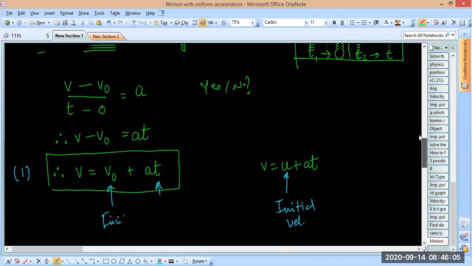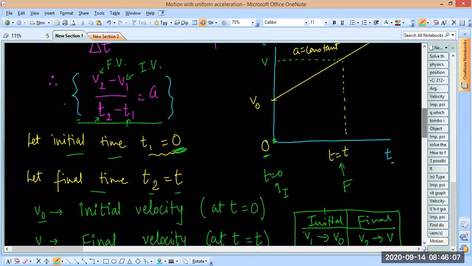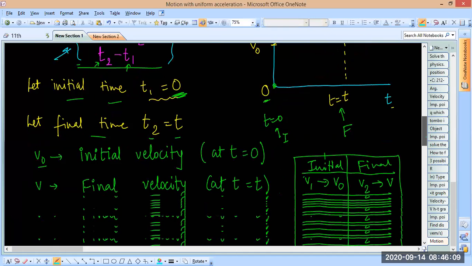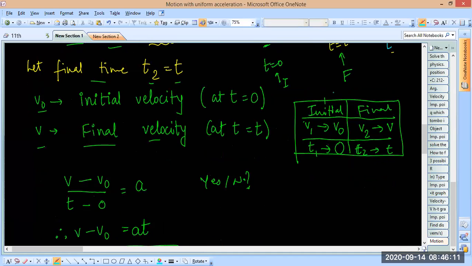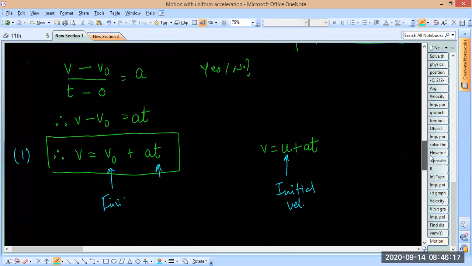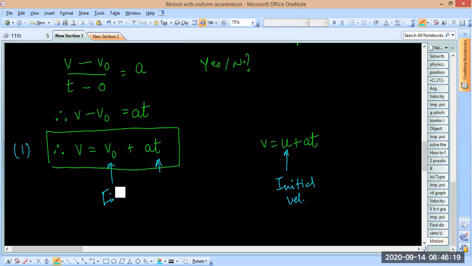So I was saying that we just have this relation, we change the symbols, right? This is changing of symbols. Meaning has not changed. So this is the first equation, just like what you learned in 9th. Let's go to the next, the second one.